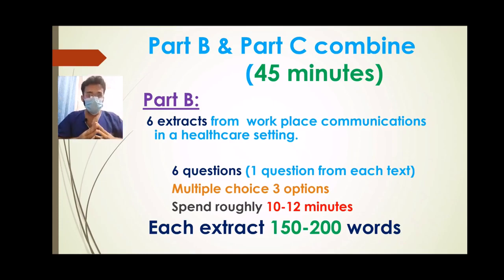So while you are solving reading part B, keep in mind that 1 option is out of the text, so leave it. 1 option is totally wrong, and the third and remaining option will be your answer. So apply this strategy while you solve reading part B, and you have to spend approximately 10 to 12 minutes on reading part B, that is 2 minutes on each extract or question.